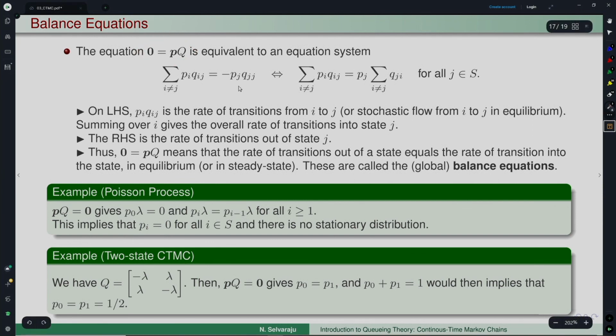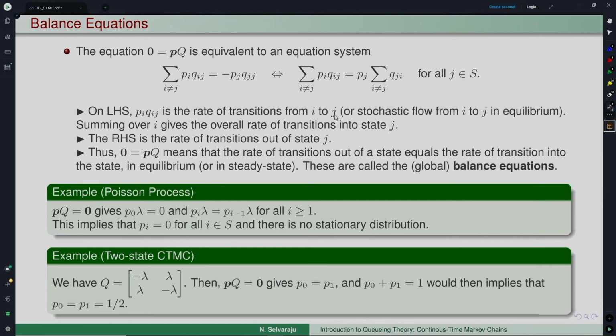So, how does it get interpreted is what we are looking at now. Pi is basically the probability of finding the system, or the process, or the chain in state i, and Qij is the rate at which it is moving from i to j. So, the product is the rate of transitions from i to j, because you are finding it in i and then it is moving from i to j.